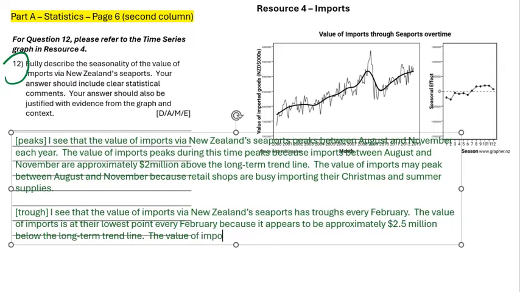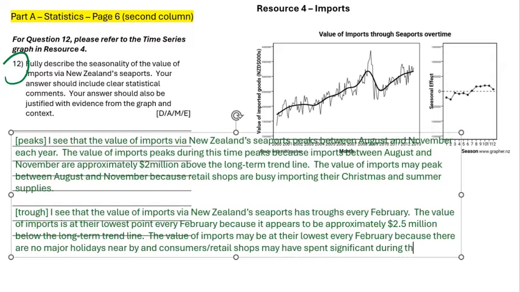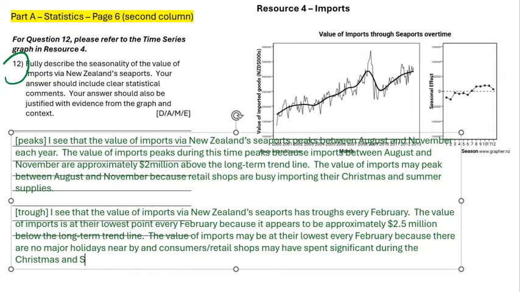So the value of imports, okay, keep writing important. Imports may be at their lowest every February because there are no major holidays nearby, and consumers / retail shops may have spent significantly during the Christmas and summer period.